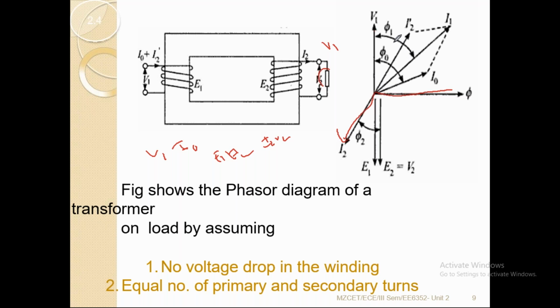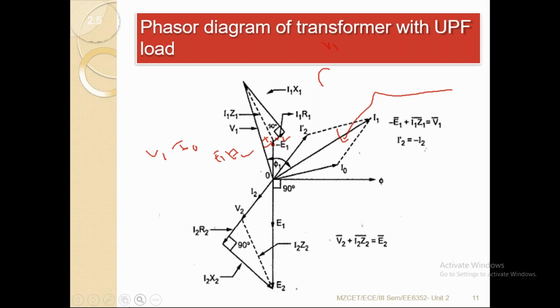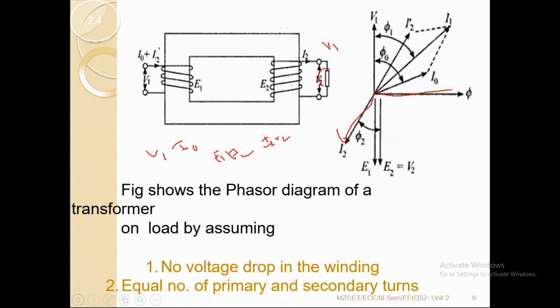Now if you see this current, how will it look? In this diagram we have I2 and I2 dash.